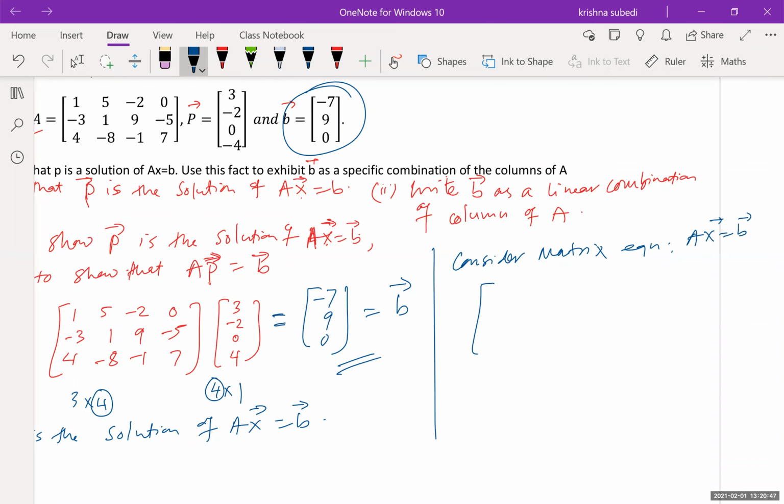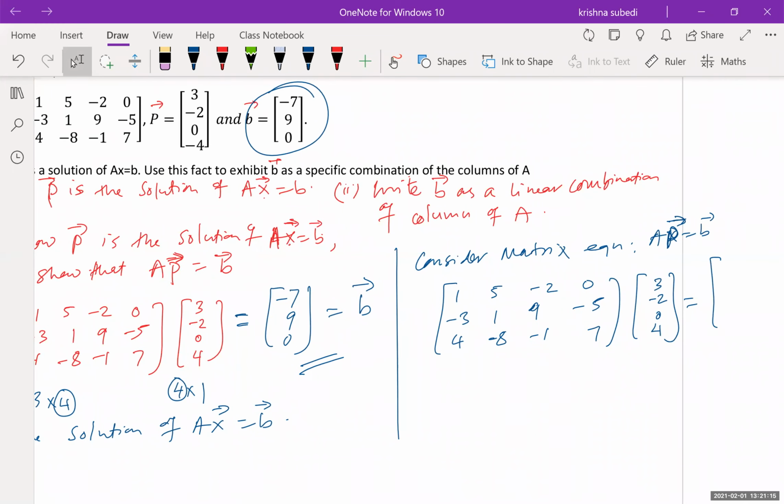Let me write that: 1, 5, -2, 0, -3, 1, 9, and -5, 4, -8, -1, 7, and X. P is the solution, so now we can write AP, because we already proved that P is the solution. Let me write P there: 3, -2, 0, and 4 equals B. So B is -7, 9, and 0.